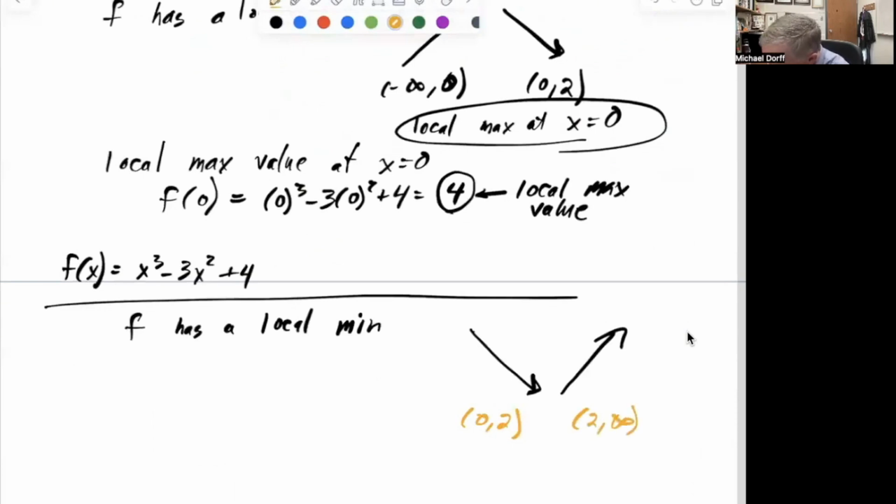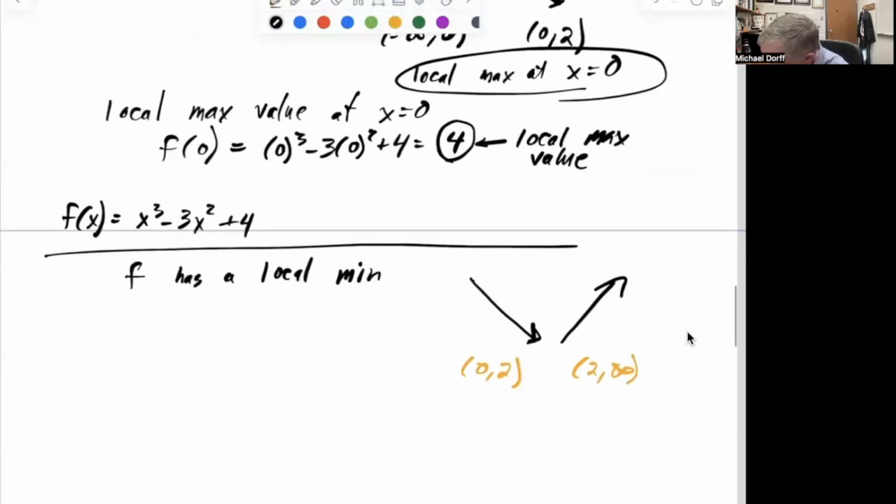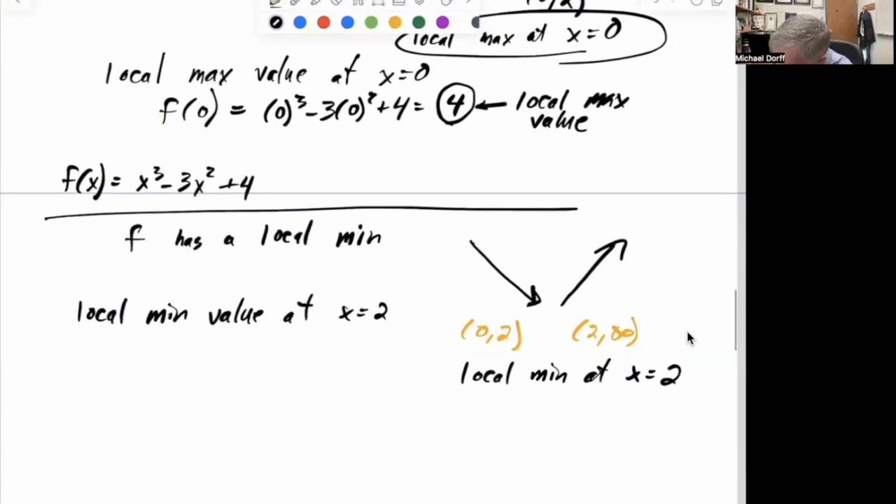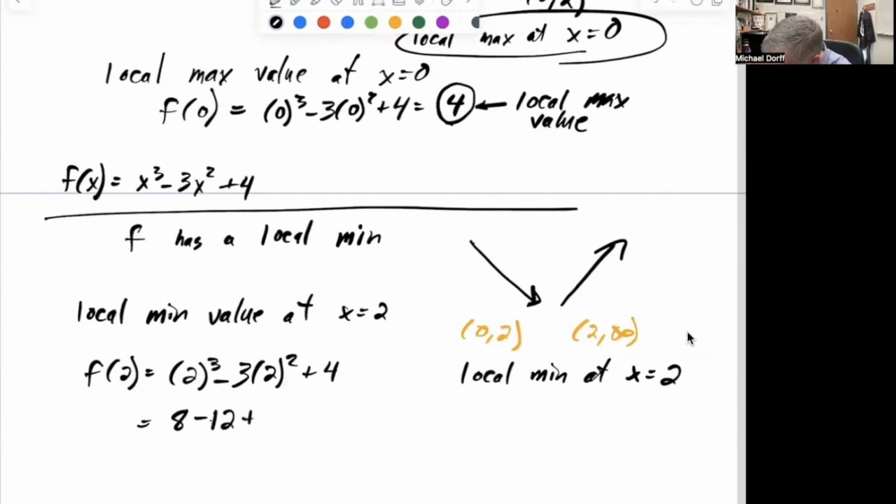So that tells me that there is going to be a local min at x equals 2, and I'm going to find the local min value at x equals 2. I'm going to take my original function, put in 2, so that's going to give me 2 to the third minus 3 times 2 squared plus 4. So that's going to equal 8 minus 12 plus 4, which equals 0. So that's going to be my local min value.